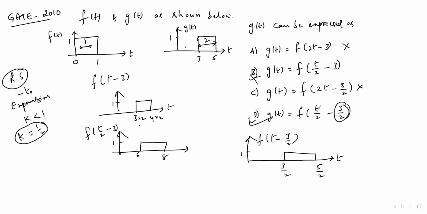Now we have to do t divided by 2. That means here every instant of t is multiplied with 2. So the 2 gets cancelled, and we get the scaling of the shifted version from 3 to 5. This is the g of t given. So D is the right option. So from the precedence rule, we can solve this problem.